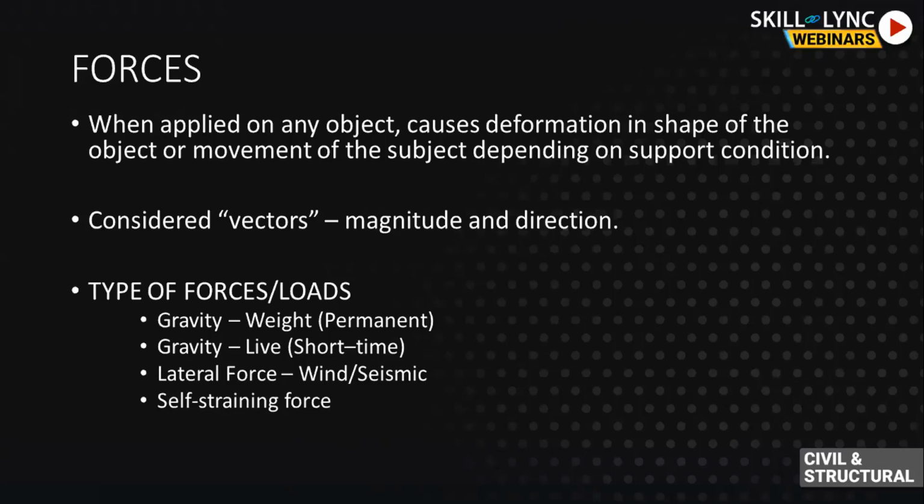Why self-straining? Because of the temperature differences, the structure itself experiences a strain within itself, and it transmits the force to the base. But the summation of the forces should ultimately be zero. That's why it is called a self-straining force.